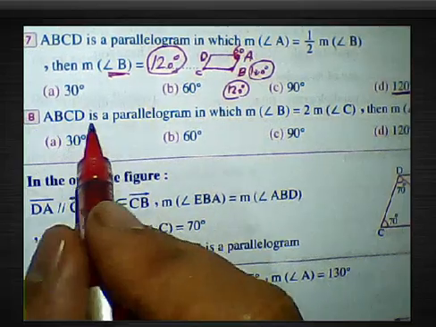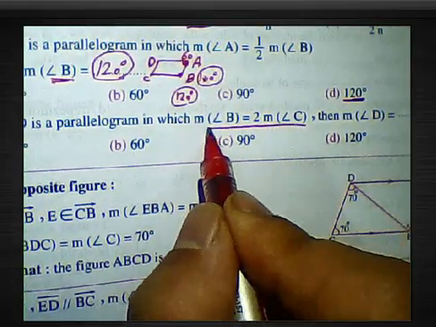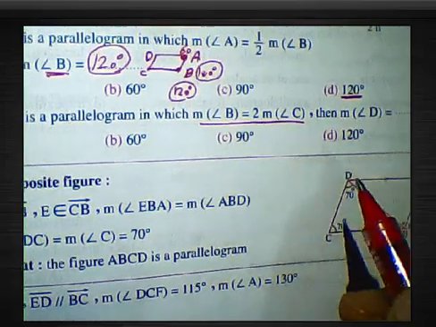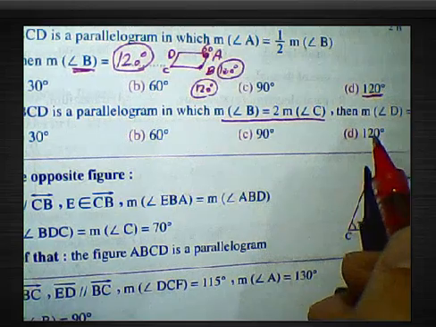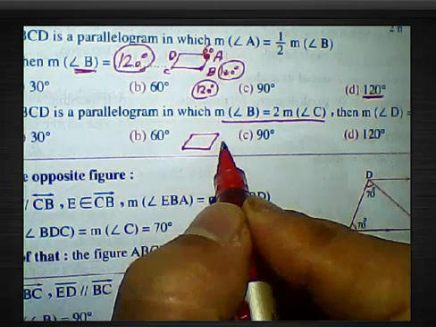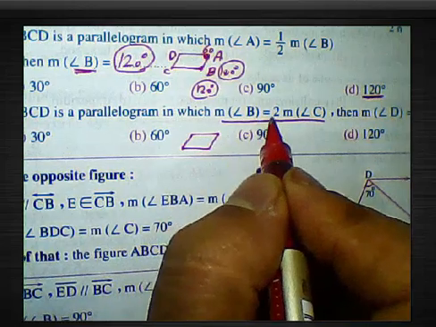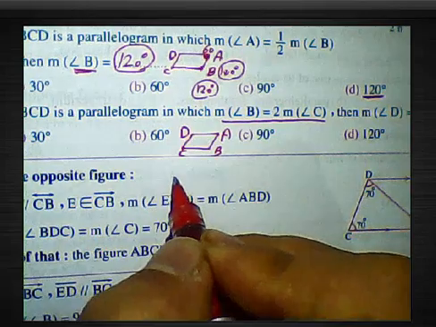Question letter E. ABCD is a parallelogram in which measure of angle B equals twice measure of angle C, then measure of angle D equals space. He asked about what? Measure of angle D. We have a parallelogram here. Measure of angle B is twice measure of angle C. A, B, C, D, such as this example.